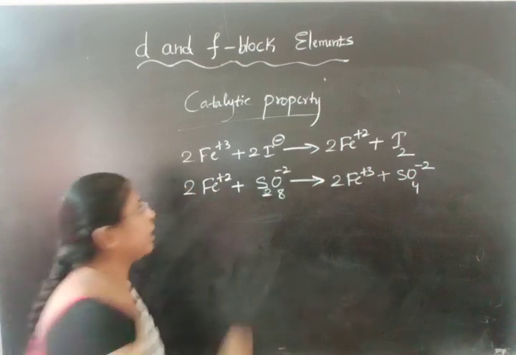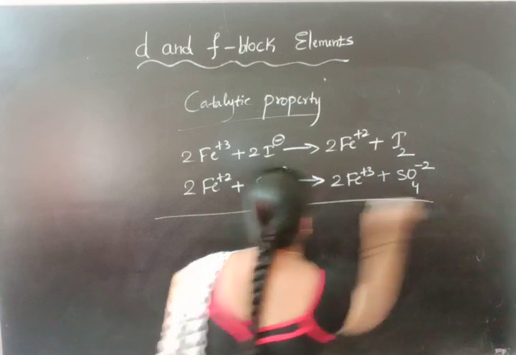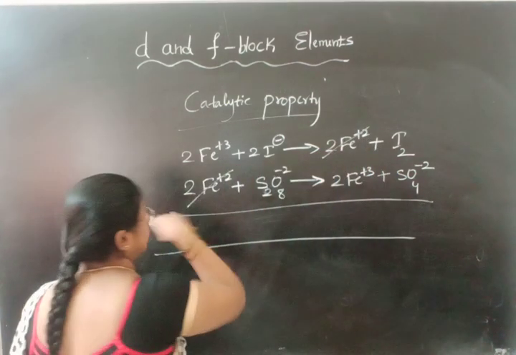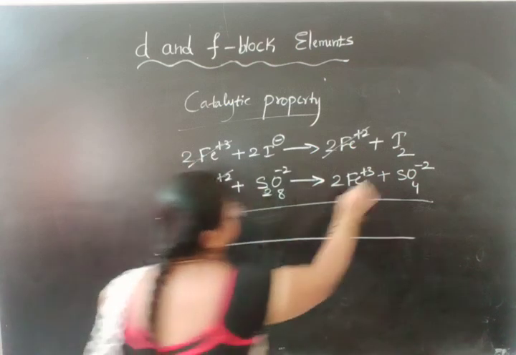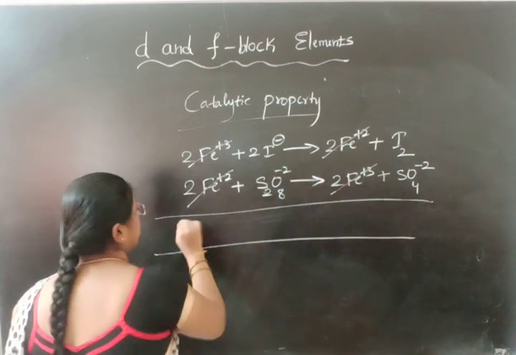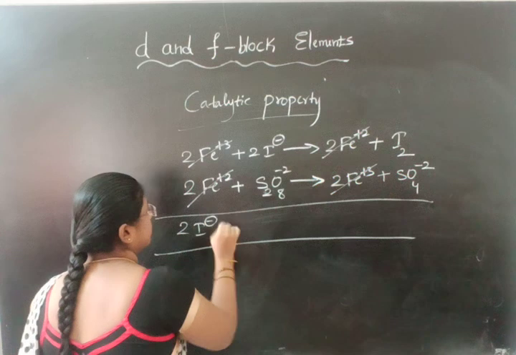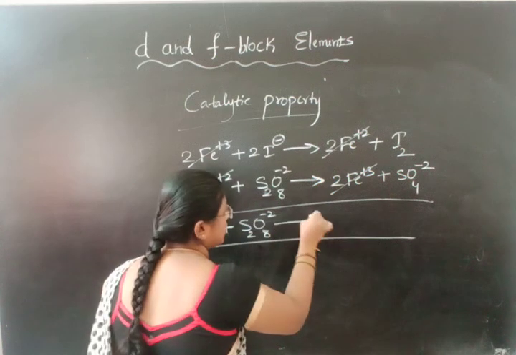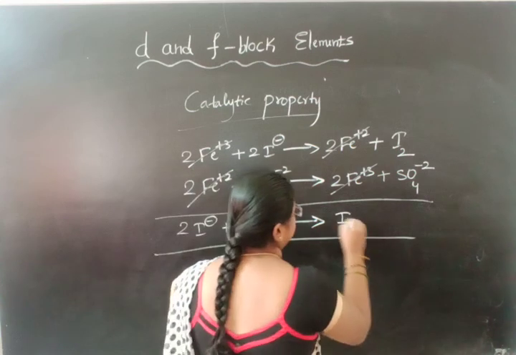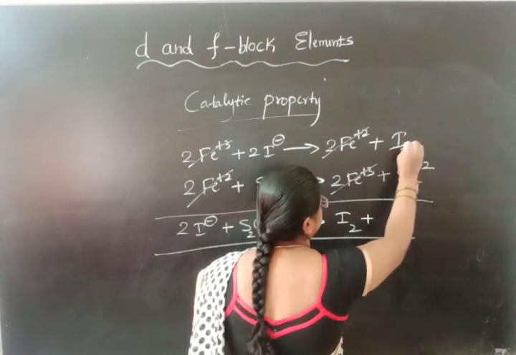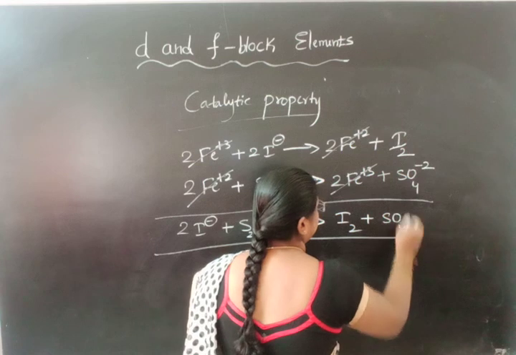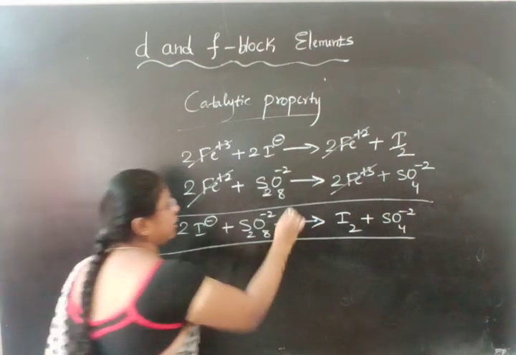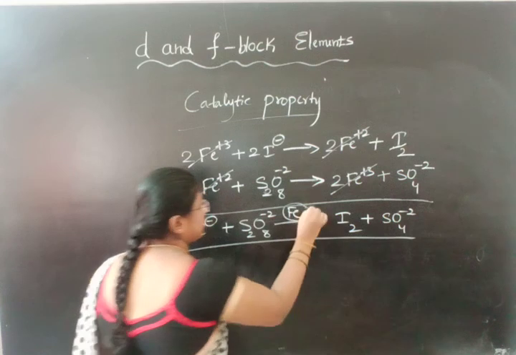If I add these two reactions, in the overall reaction Fe2+ gets cancelled, Fe3+ gets cancelled. 2I- reacts with S2O8 2-, peroxodisulfate, to form iodine and SO4 2-. This takes place in the presence of iron as a catalyst.